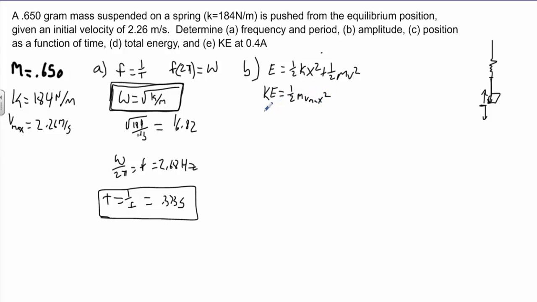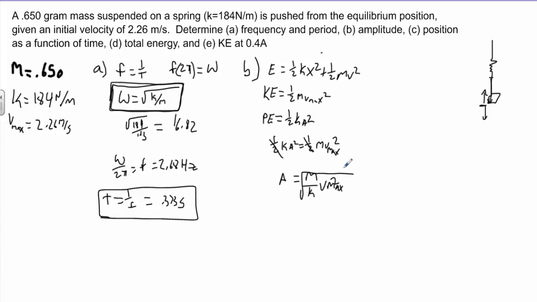But at its highest point, or its lowest point, the potential energy is the energy, and that's equal to 1/2 k A squared. So we know 1/2 k A squared equals 1/2 m v max squared, and so there's a half on both sides, so they go away. So if I want A, all I have to do is divide by k and square root. So A equals the square root of m divided by k times v max squared.